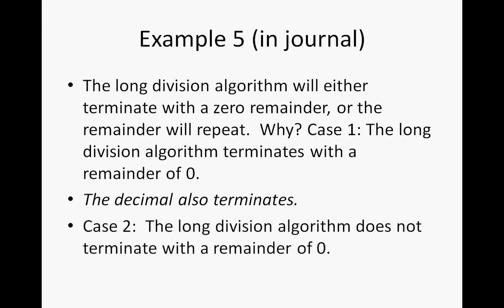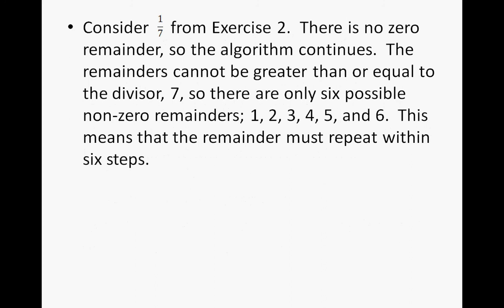In the second case, the long division algorithm does not terminate with a remainder of 0. So what is happening there? Well, let's take a look at 1/7 from your previous exercise. There is no 0 remainder. It never ends in 0. So the algorithm continues.